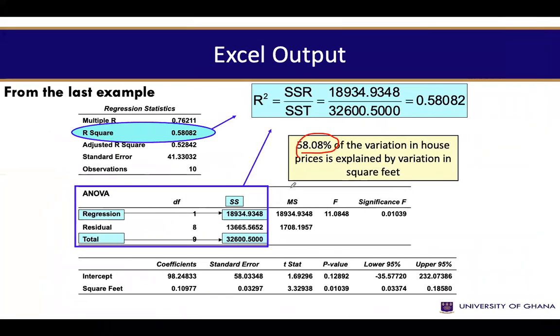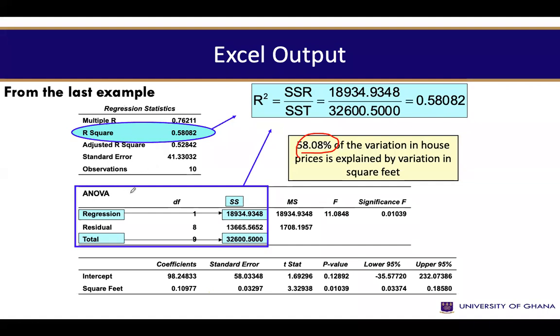Now don't be scared about how we're going to calculate this in the exam. By all means, you'll be given enough information to help you calculate whatever value you are supposed to calculate. Just be vigilant. That's all.